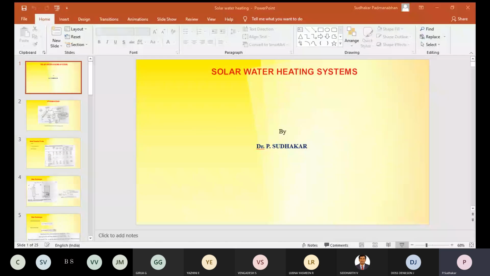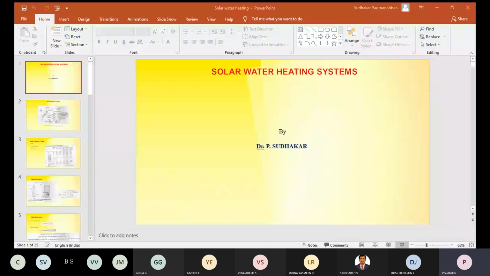So solar water heating systems are generally used for domestic hot water purposes or for space heating purposes. Solar water heating systems may comprise a thermosiphon solar water heater and a forced convection solar heater. The thermosiphon solar water heater works without any external pump.